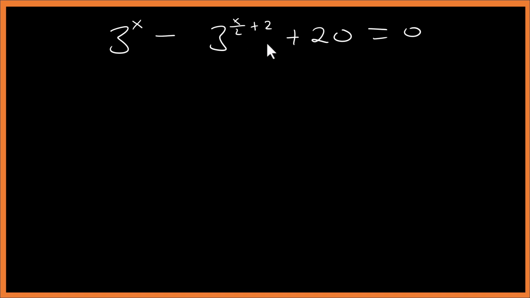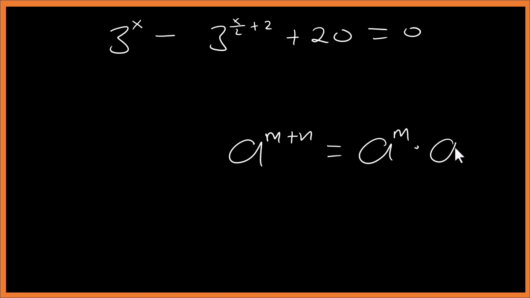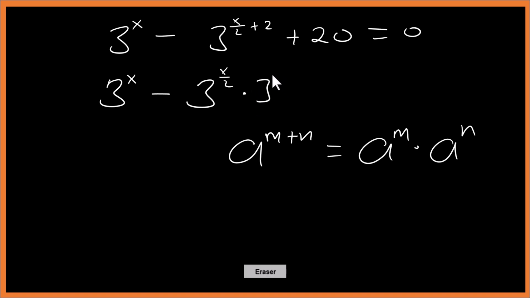Now from here, when we're given a to the power m plus n, it's the same as a to the power m times a to the power n. So we have 3 raised to x minus 3 raised to x on 2 times 3 raised to 2, plus 20 equals 0.